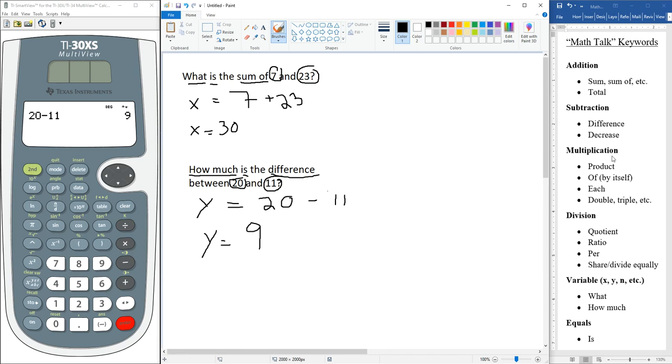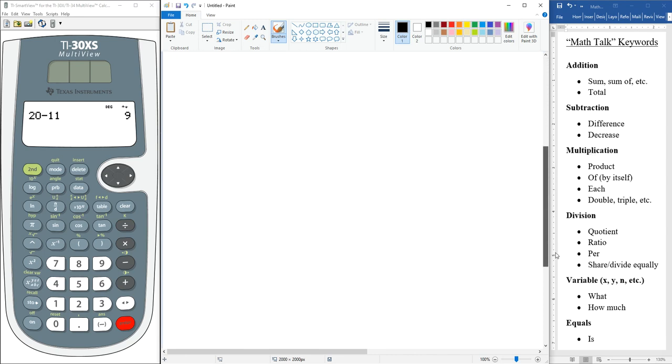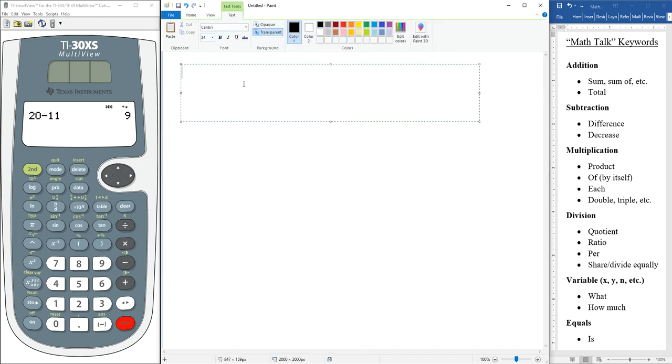So here we have multiplication. Let's work on a multiplication problem. Let's go to a clean piece of scrap, go back to text, and write out a nice multiplication problem. Let's get a little bit harder.